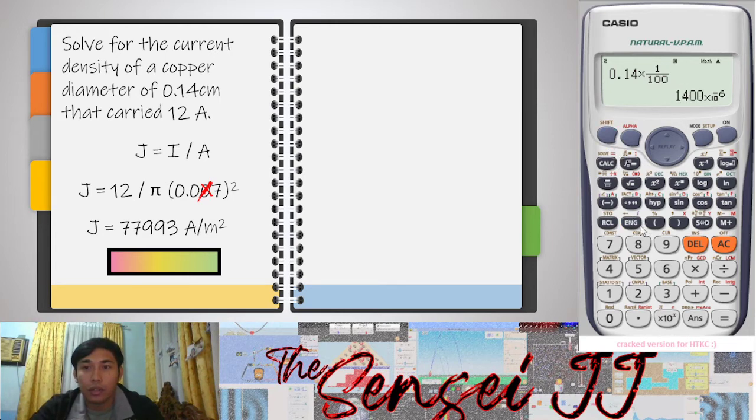Okay, so it's 0.0014. Okay, so here is our, okay, wait. Okay, so 0.0014. This is 100 centimeters is equivalent to 1 meter.